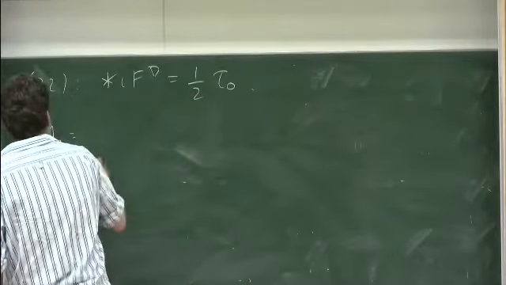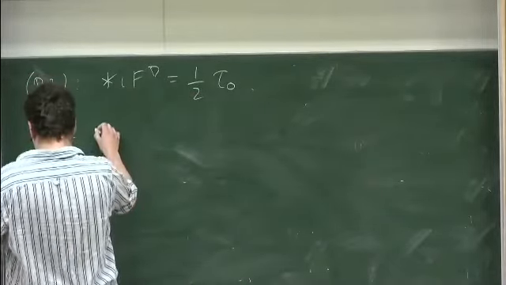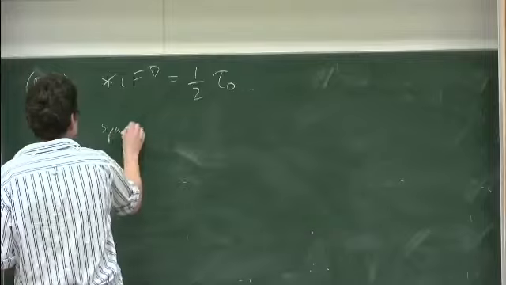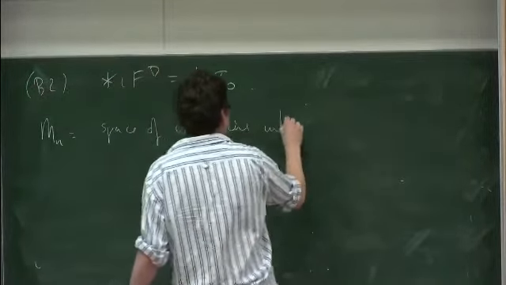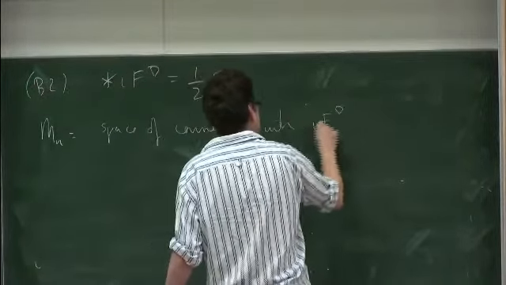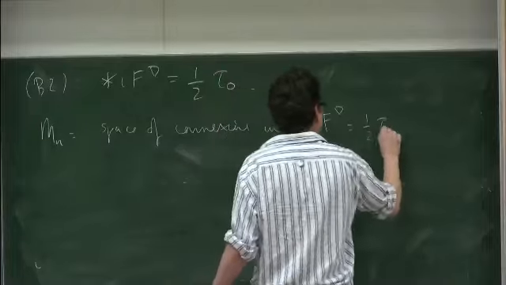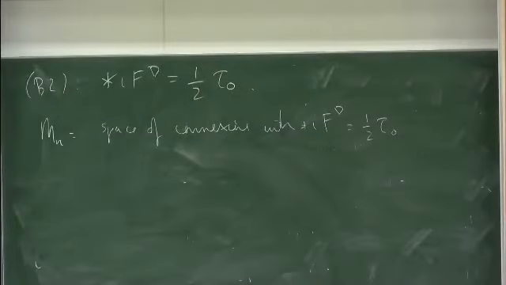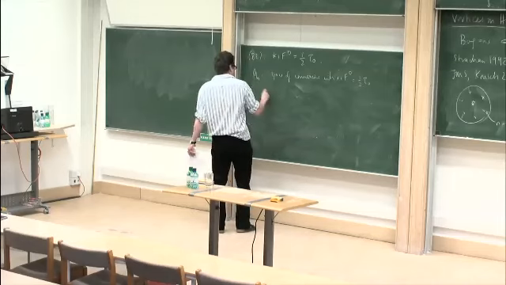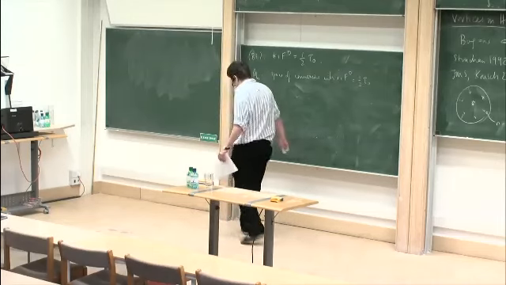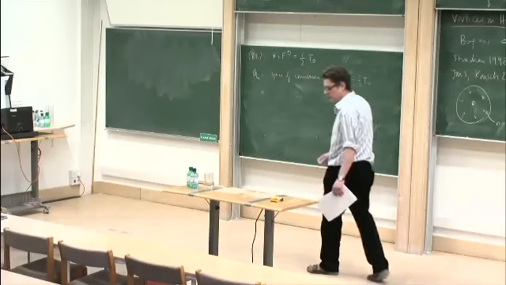So what you're looking for is connections of constant curvature. So M_n is this moduli space of connections of constant curvature half tau 0. So how can you think about that? Well, once you've got one of them, how do you get all the others?